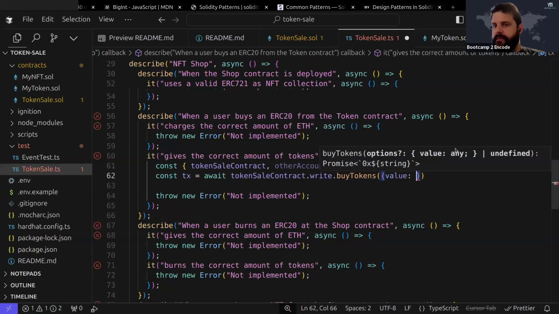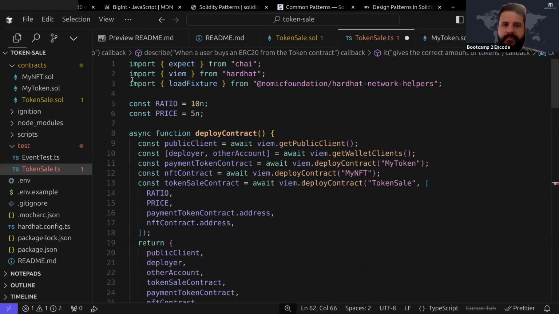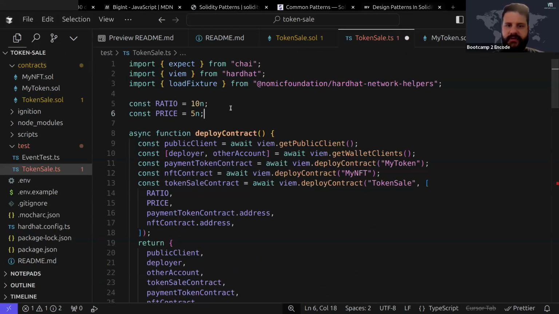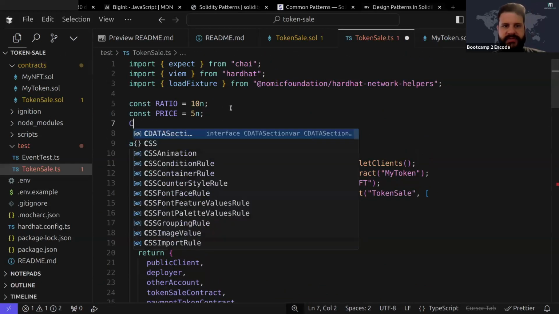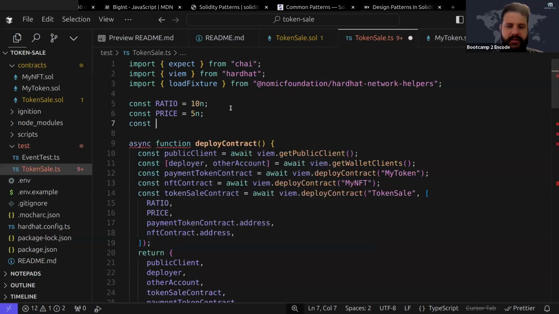I can specify an amount here in my consts, for example, const test buy tokens amount. Let's just put whatever, and this is going to be 1 ETH.